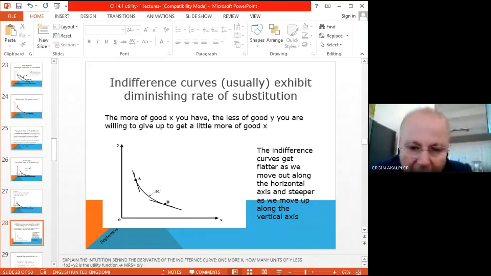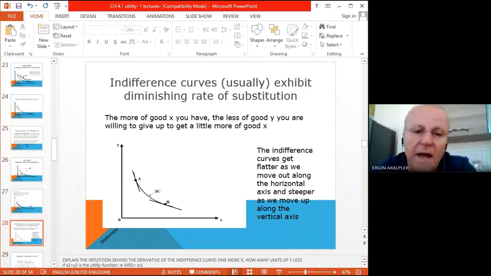Therefore, at point A the indifference curve is more vertical and steeper, and at point B it is more horizontal and flatter. This implies the indifference curve gets flatter as we move along the horizontal axis, and steeper as we move up along the vertical axis.